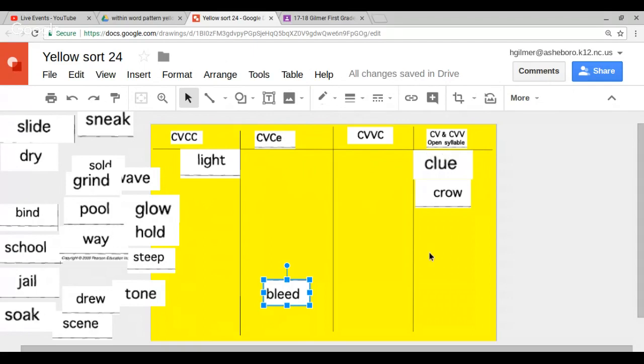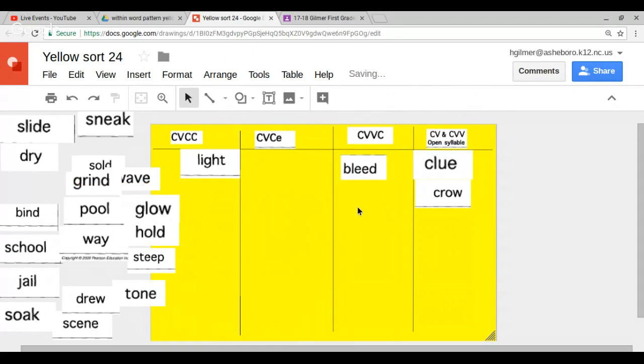So that knocks out open syllables and it knocks out silent E at the end, because there is a D at the end of this word. So now I'm looking to see if it's CVCC or CVVC. Oh, look, I see two E's. I know E's are vowels, so two vowels. There's only one vowel sound inside of this one, bleed. It is a closed syllable, long E sound, bleed.